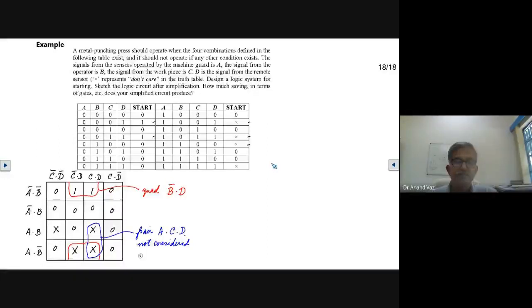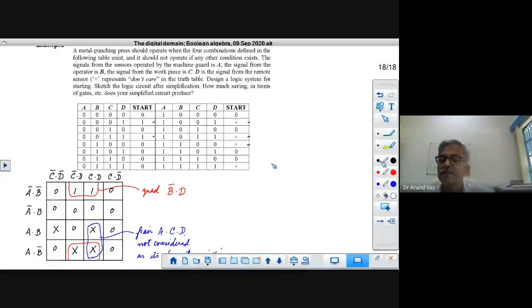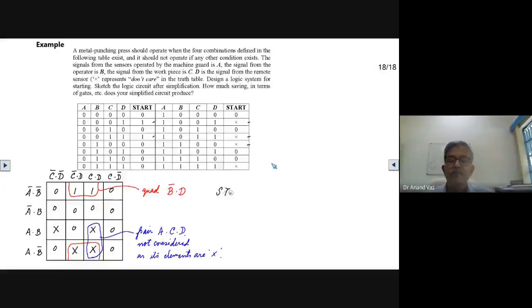So this particular bit also we need not consider because it doesn't matter. So we are left with the answer, that is the machine is to start, and when should it start? When you have not B and D.